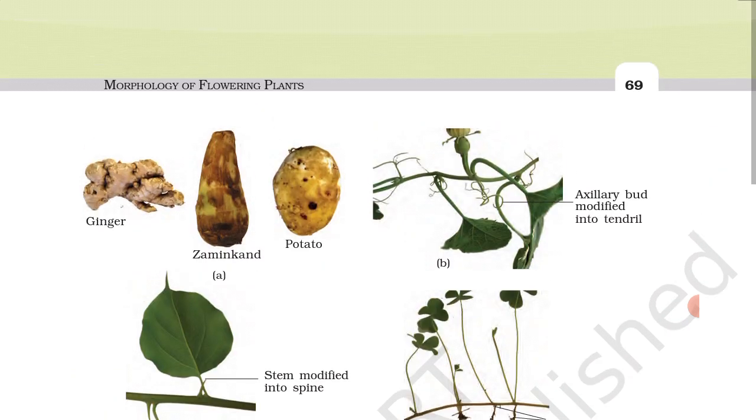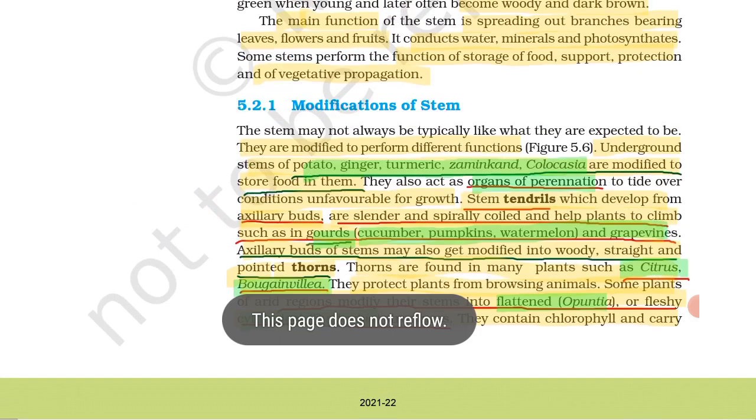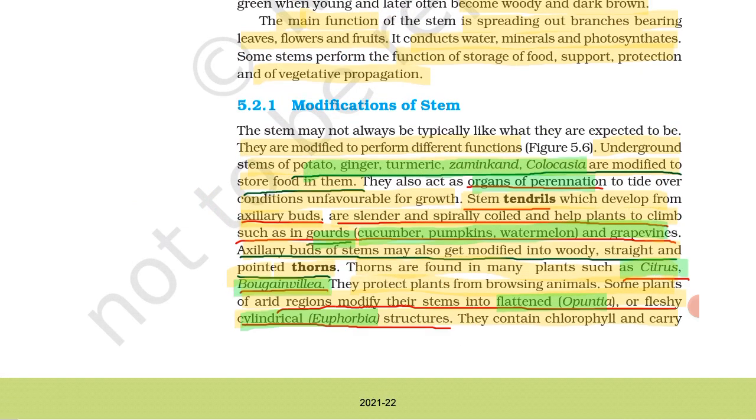So let's learn about modification of stem. They are modified for different functions. Next, underground stems of potato, ginger, turmeric, zaminkand and colocasia are modified for storing food in them. They are also called organs of perennation to tide over conditions unfavorable for growth.